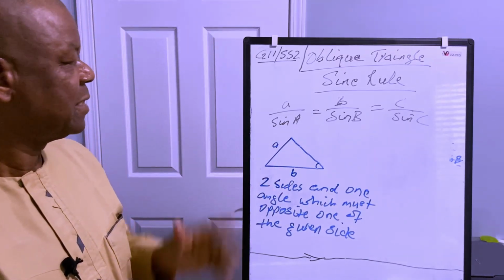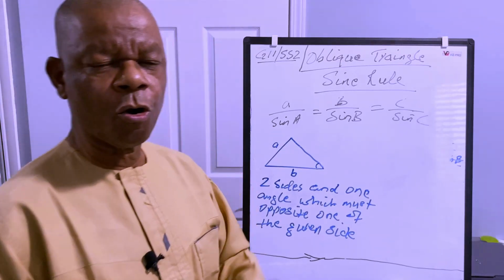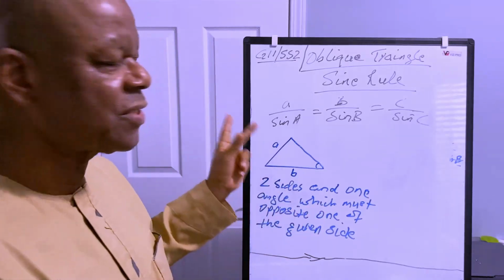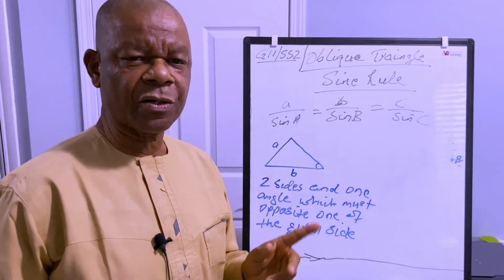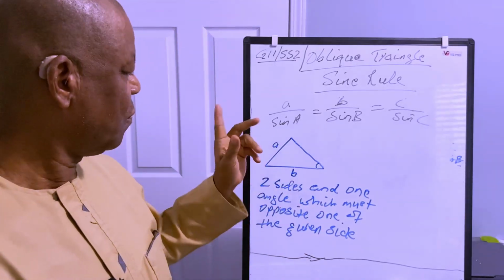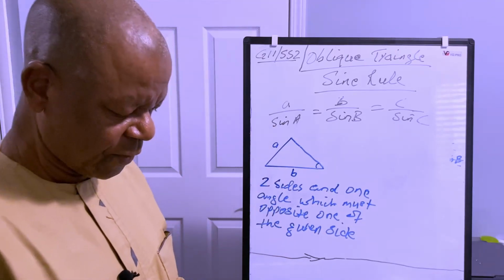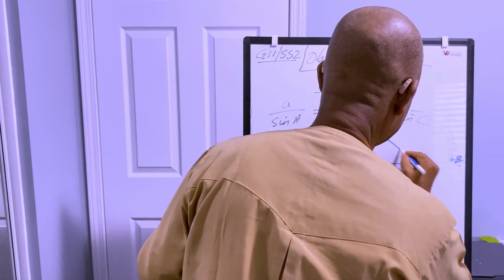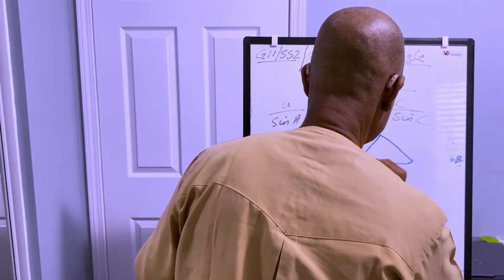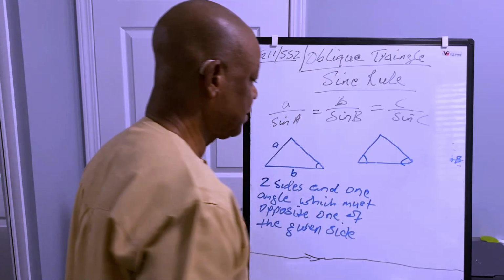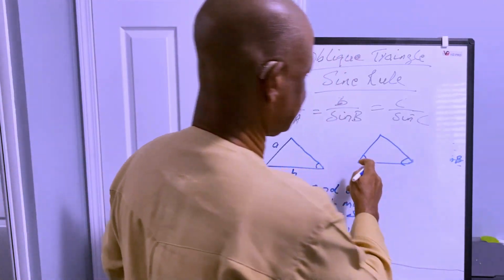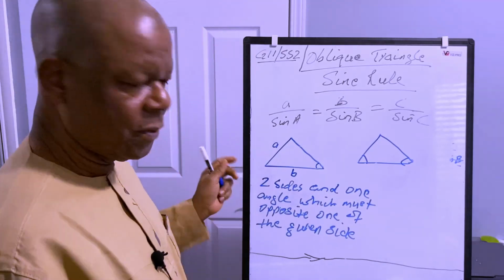That's why we say the sine rule is applied on a non-right angle triangle in the situation where two sides are given and one angle which must be opposite one of the given sides, or when two angles are given and any side. If you are given this side, it's already opposite this very angle. We go on with it.